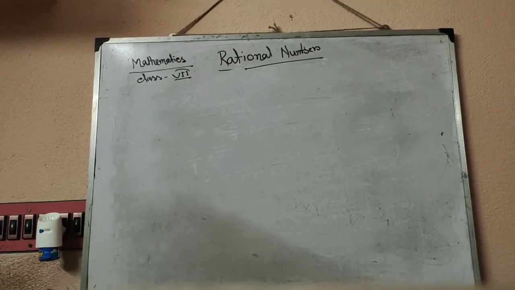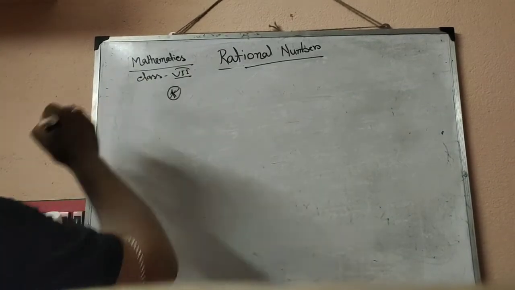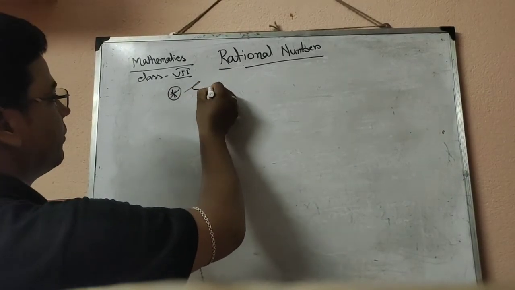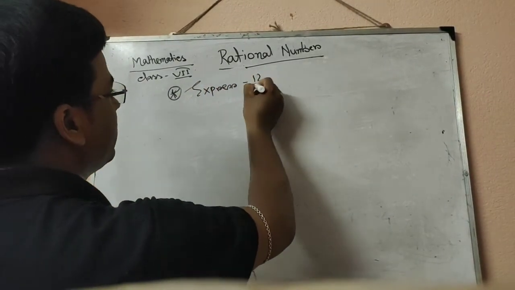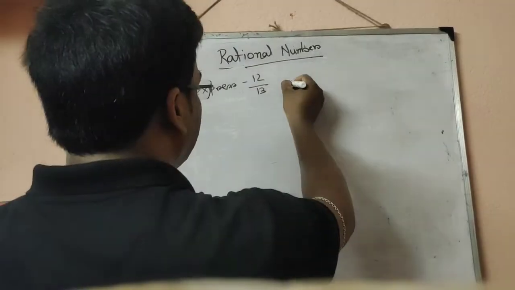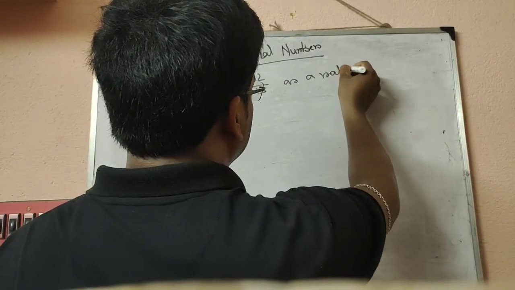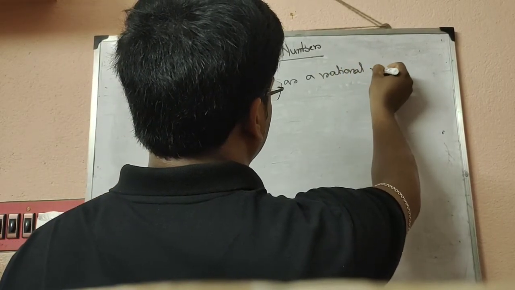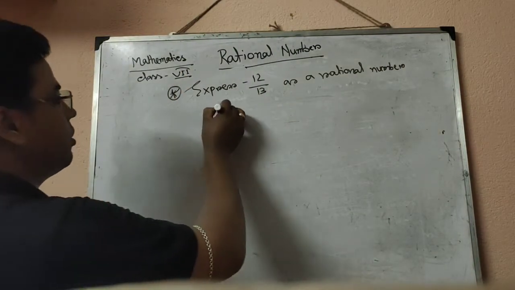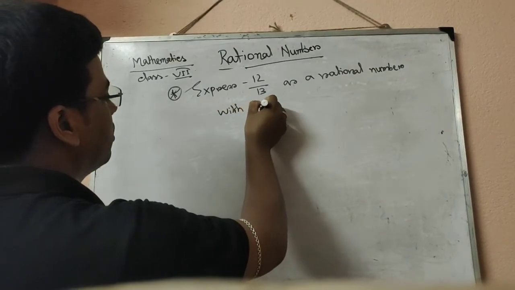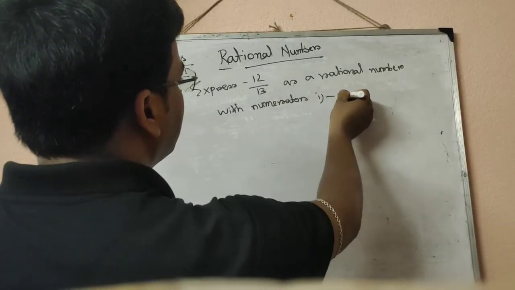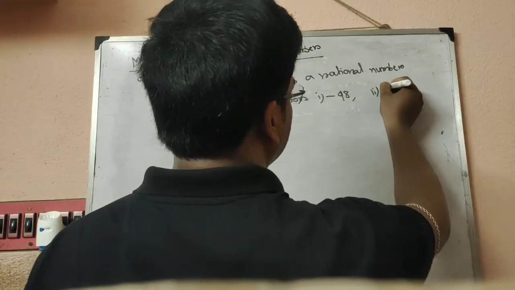Suppose another question: express minus 12 by 13 as a rational number with numerator minus 48, then 60.